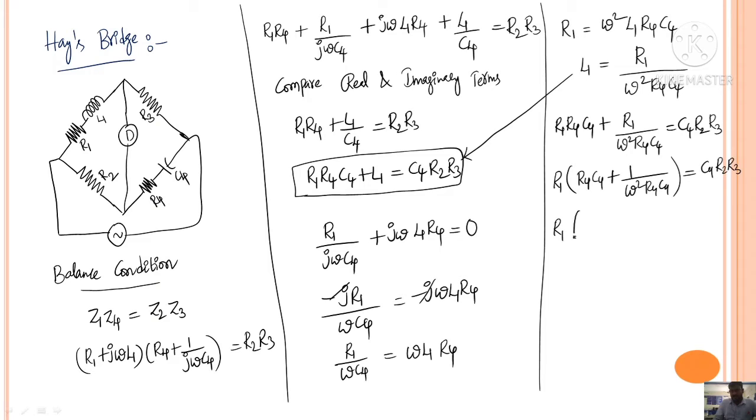Now taking the LCM here, you will get omega square R4 C4, and if you multiply this, you will get omega square R4 square C4 square plus 1, and it is equal to C4 into R2 R3. So R1 into, multiplying with C4 and C4, you will get C4 square R2 R3 R4.